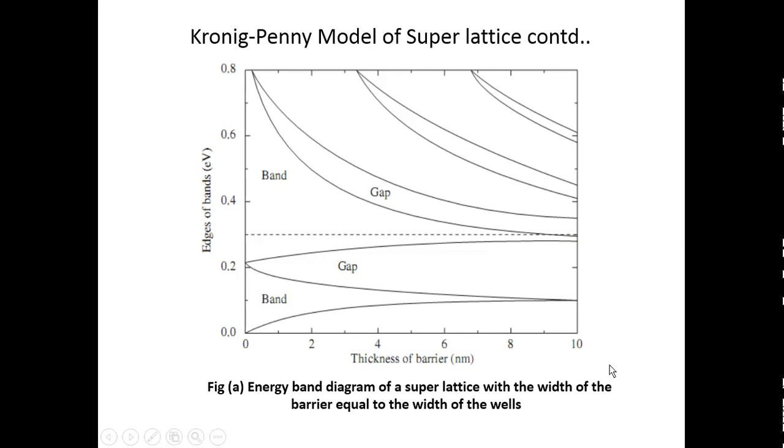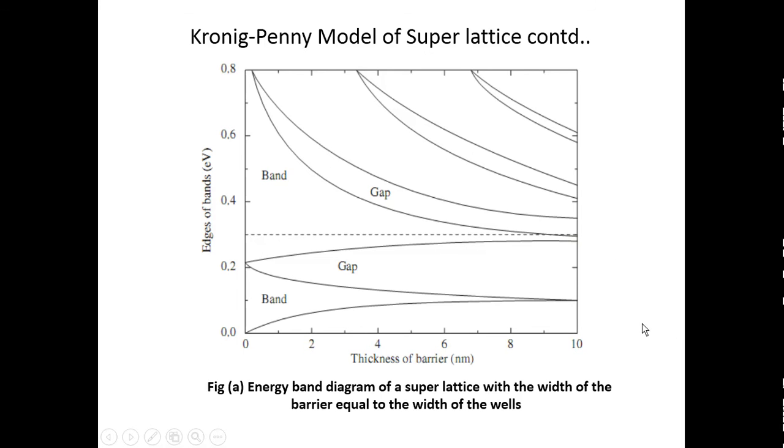So this figure represents the allowed energy bands and the band gaps. This is the allowed band, at 0.3 electron volt at the edges, and there is a gap between.